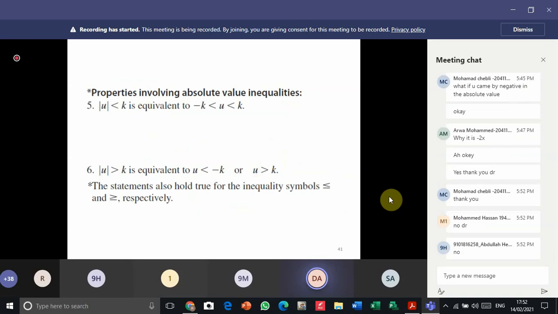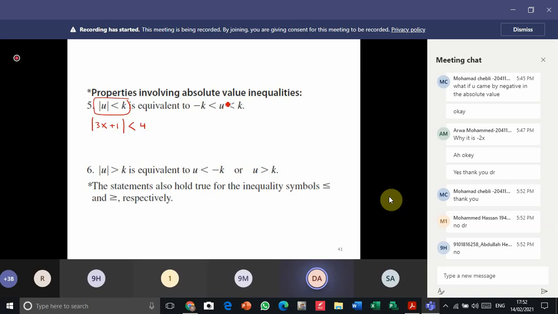Look at this. We sometimes have absolute value with inequality. For example, 3x plus 1 with absolute value less than 4. Okay, what must we do?